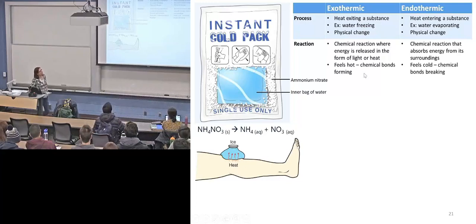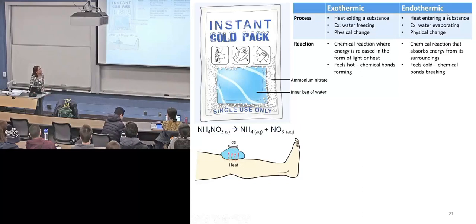And so what that means is it feels cold to you. And yes, with time, this thing is cooling itself down. But I don't want you to think about it as it's getting colder. That's not really the right way to think about it. So for an endothermic process, heat is entering. Heat is entering this system from my leg or wherever it is.